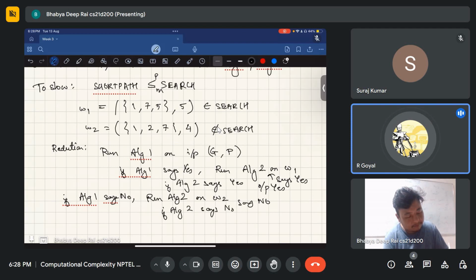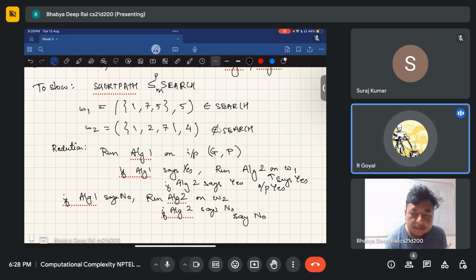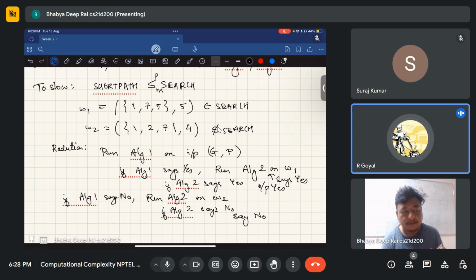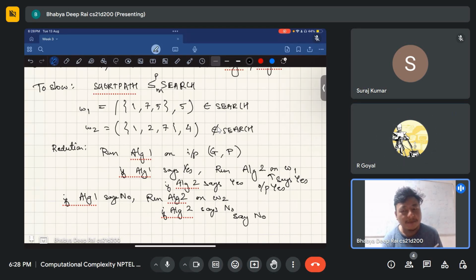Yes, so I was thinking, what if we replace shortest path by some NP-complete problem, say clique? Will the same logic work? No. Why? Because running algorithm 1 on input is not clear, since we don't know whether we have an algorithm which runs in polynomial time.